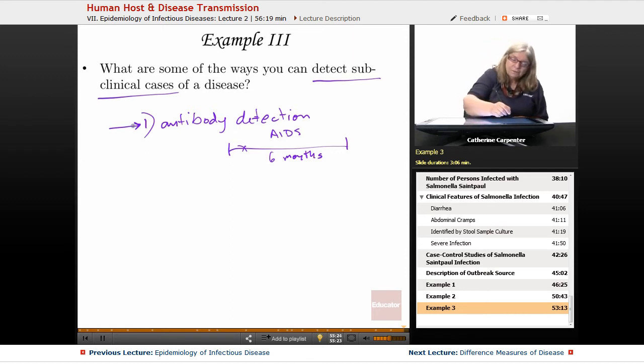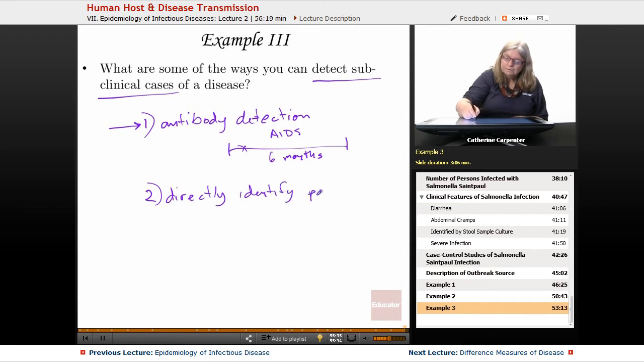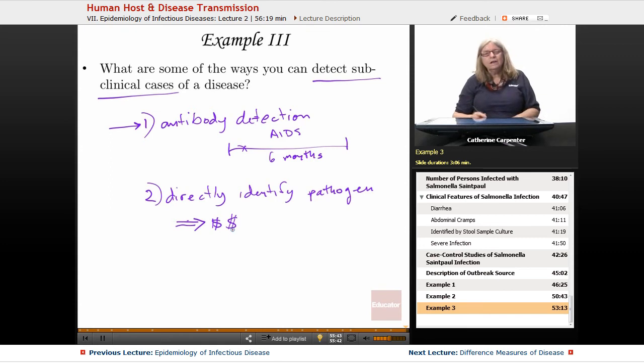But another way, if possible, you can directly identify the pathogen, but that's very expensive, and it's very difficult. It can be very difficult. A lot of times you really need to know what you're looking for.